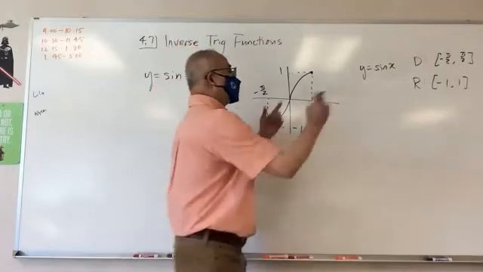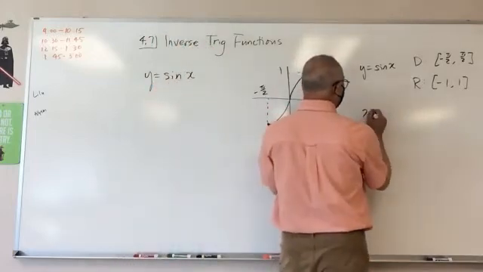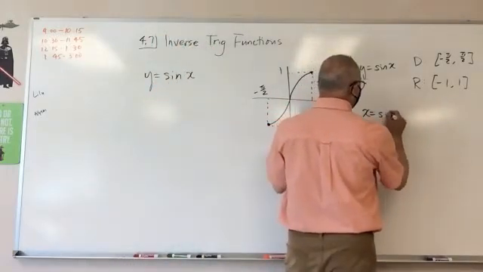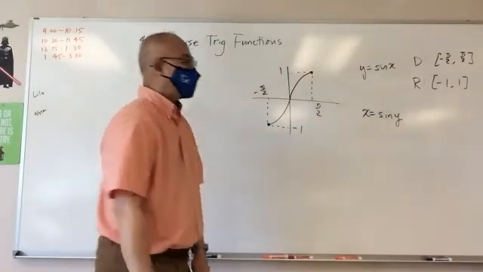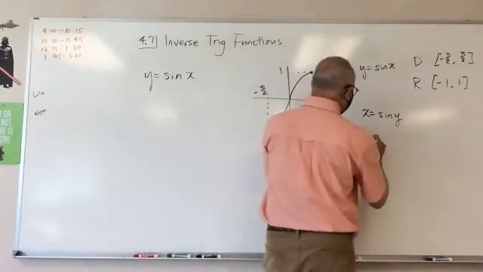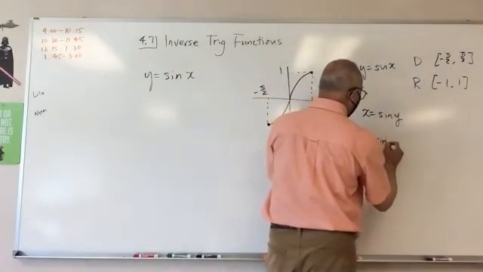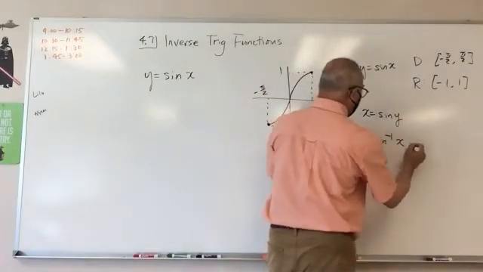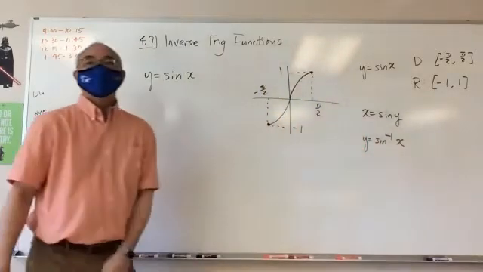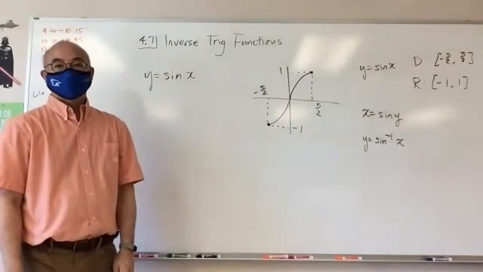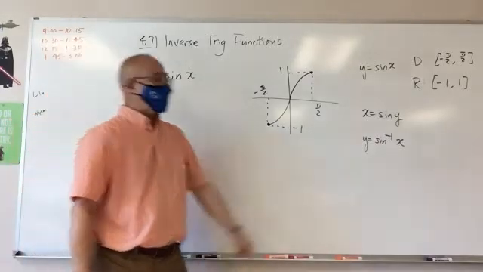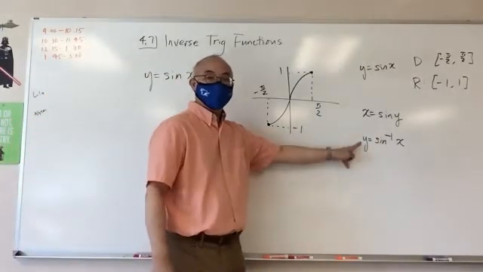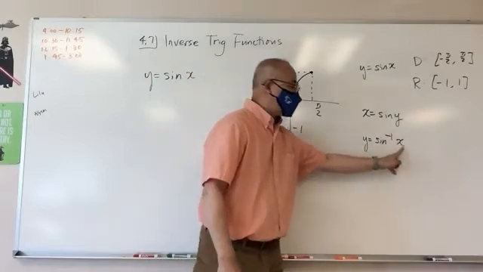To find the inverse function, I swap the x's and the y's, right? And I'm going to call this the arc sine of x. Arc sine of x. So it is the angle which gives me this value.